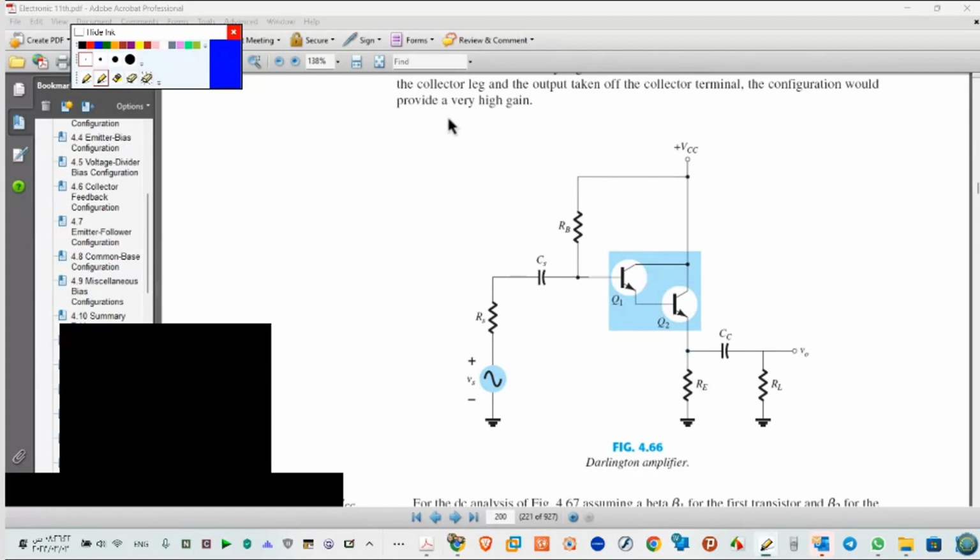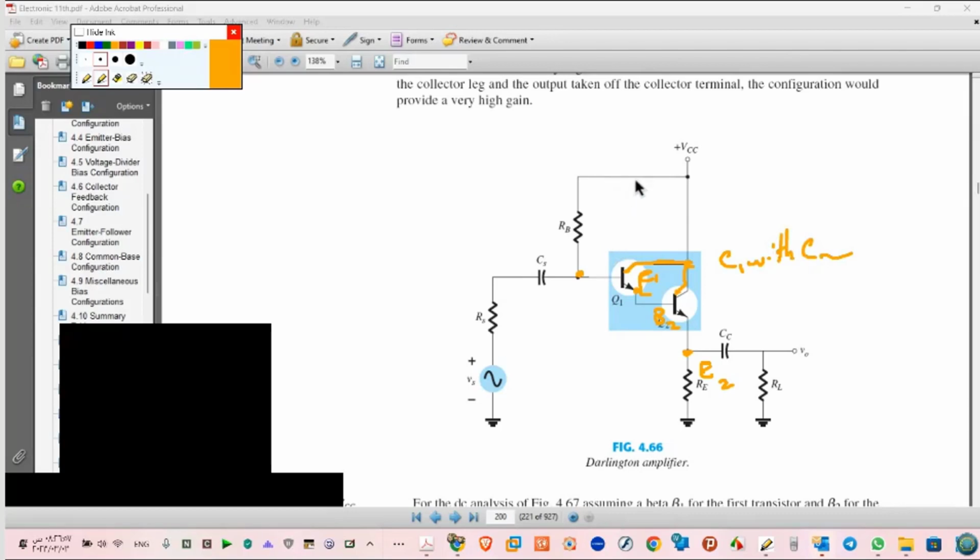So Darlington is not like a normal circuit. I will connect this point, C1 with B2, and the output will be from E2. And I will connect now the collectors together, C1 with C2.